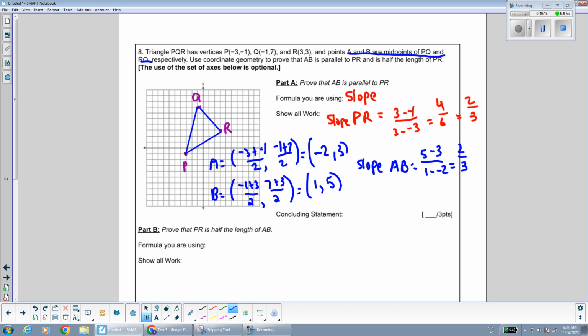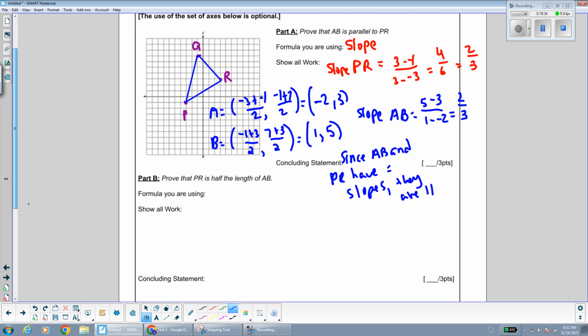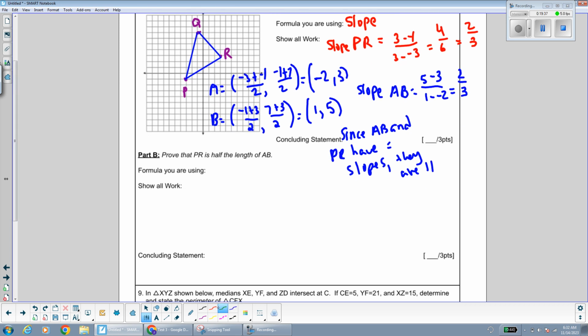They're not going to have you prove something false. It is true. That's what you can expect to happen. So concluding statement: since AB and PR have equal slopes, they are parallel.